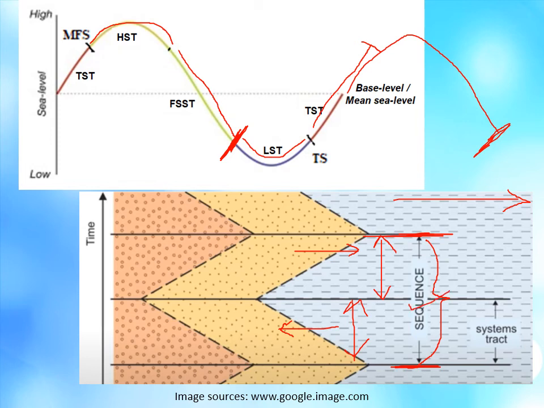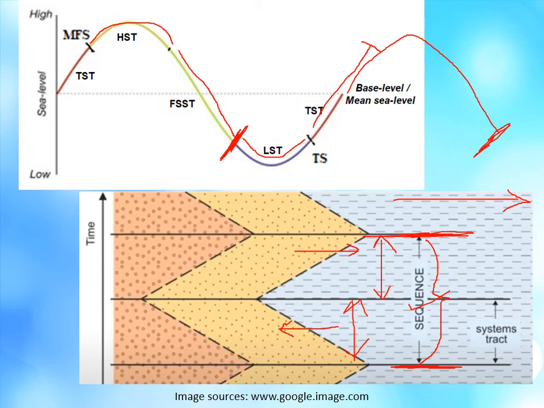And within this sequence there are various system tracts, as we covered previously. Basically these two boundaries, the top boundary and lowermost boundary, are indicative of falling stage system tract.